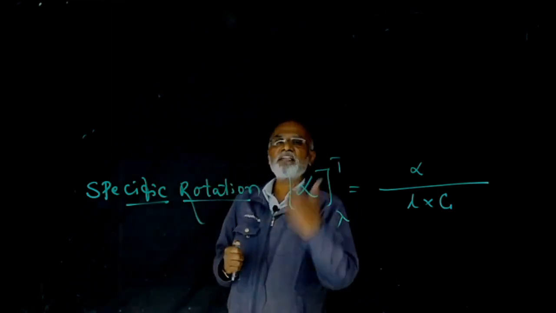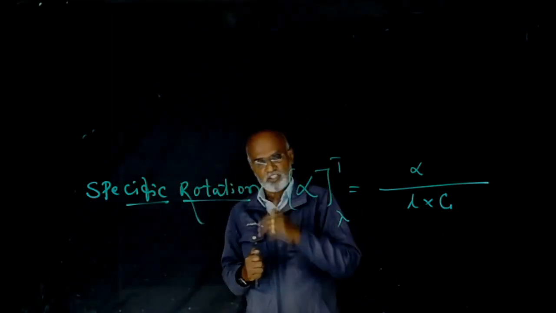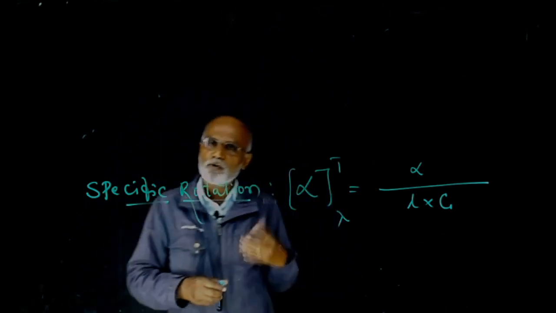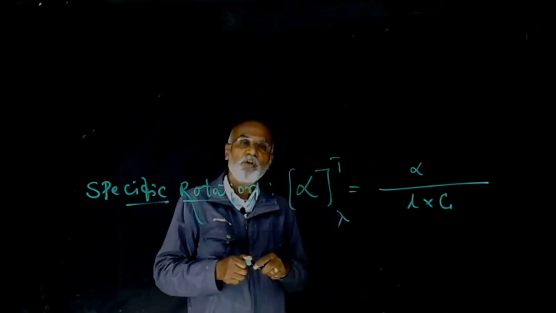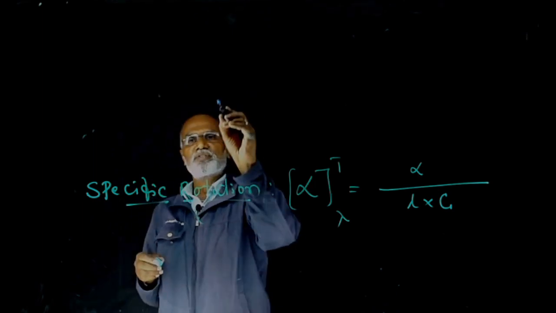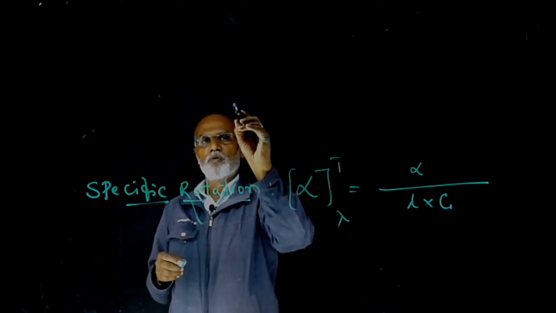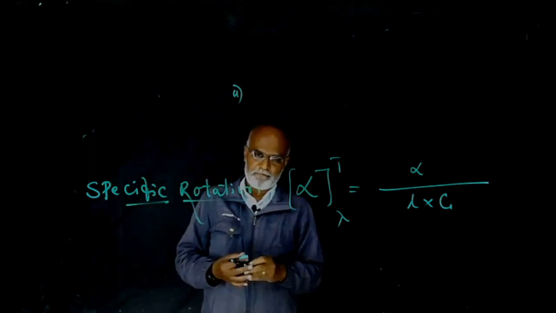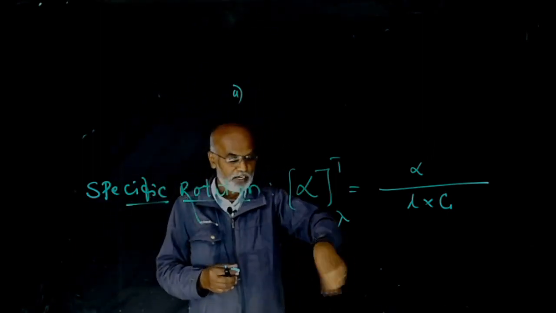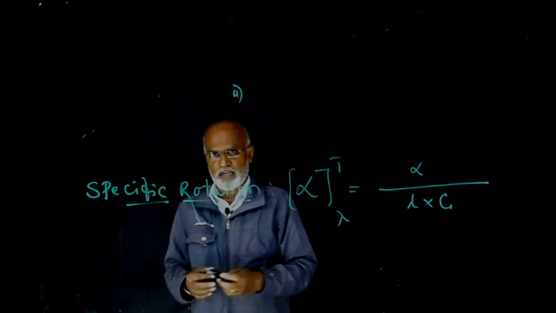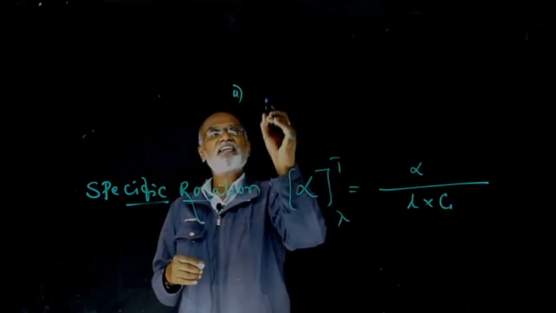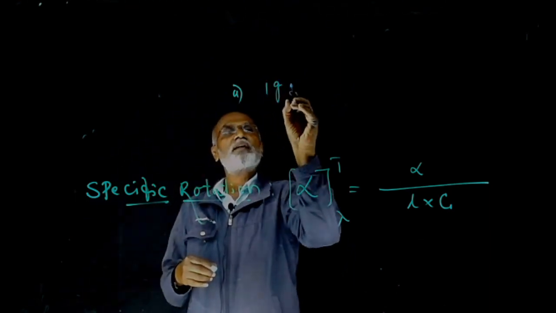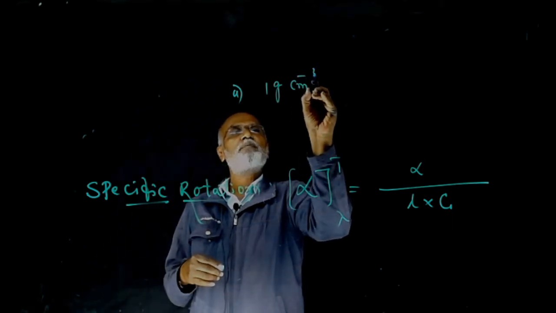While determining the direction and the angle of rotation of an optically active compound by using a polarimeter, we need to follow the following four conditions. We have to prepare a solution of the given compound by dissolving it in a suitable solvent such that the concentration of the solution should be 1 gram per cm cube.